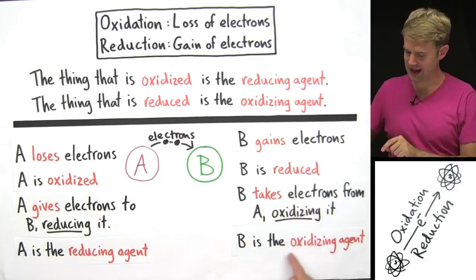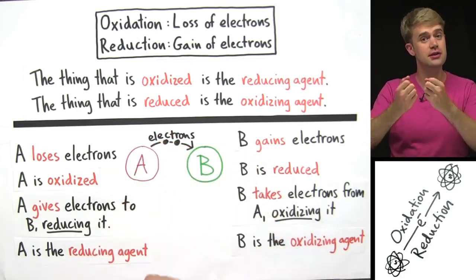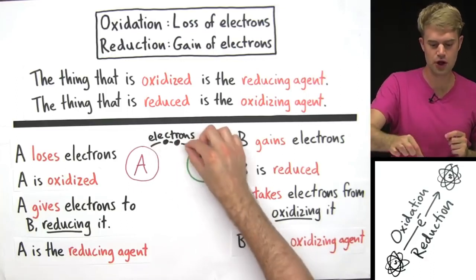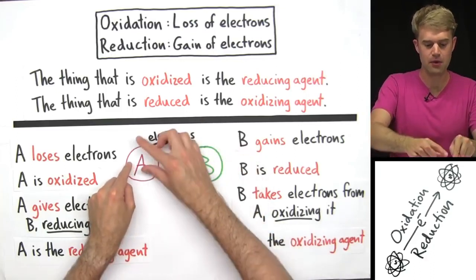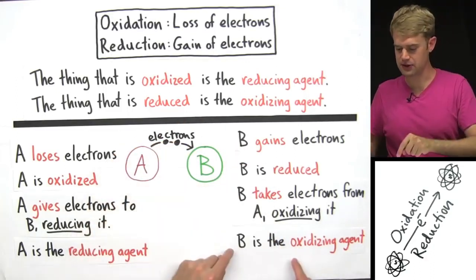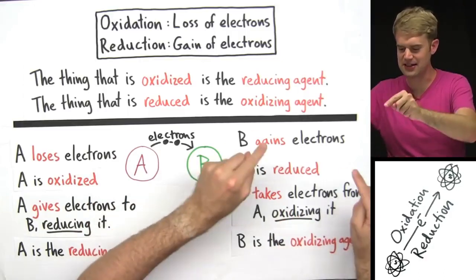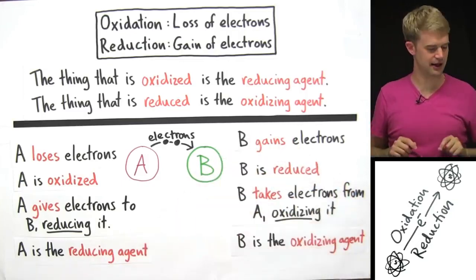The oxidizing agent allows oxidation to take place, so it takes electrons from the atom or the compound that is being oxidized. It itself is reduced and it gains electrons.